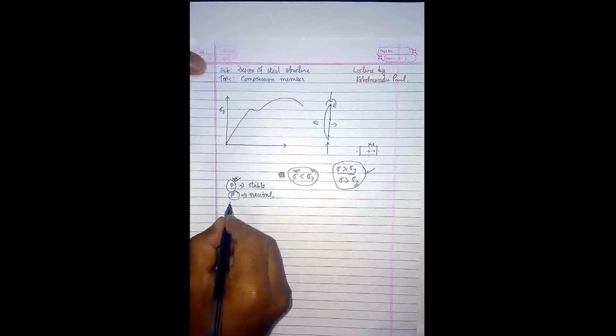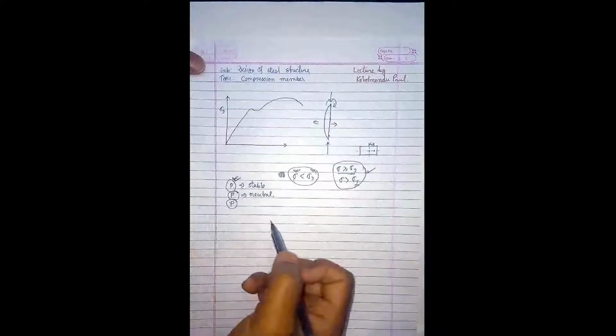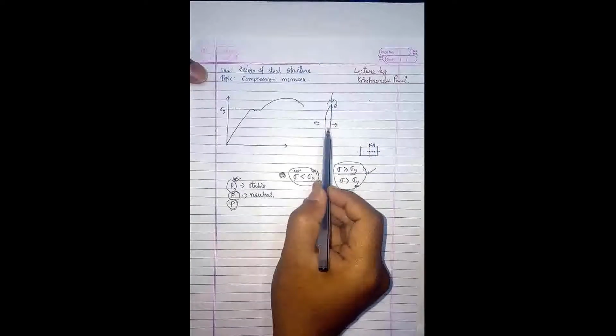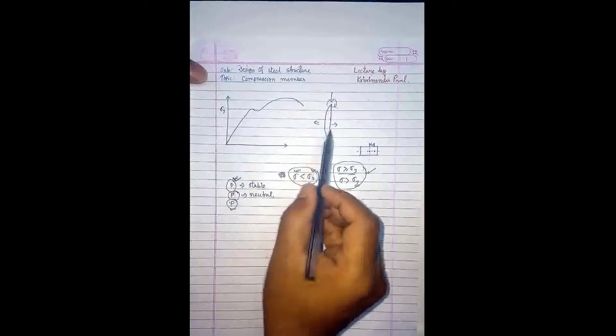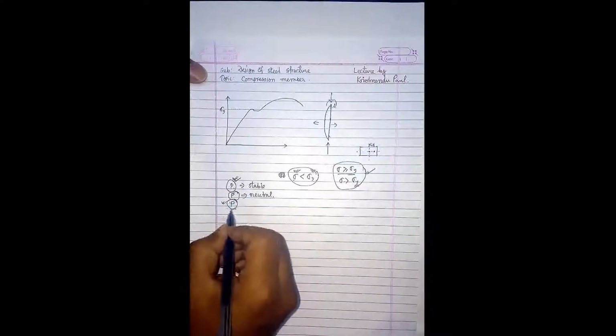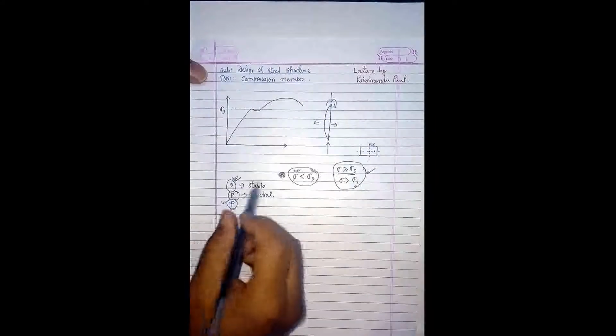Now there is another one, that is unstable. If P has reached a certain value, and we remove the load, the member does not regain its initial shape. We do not generally withdraw the load at one instant; we reduce that load.